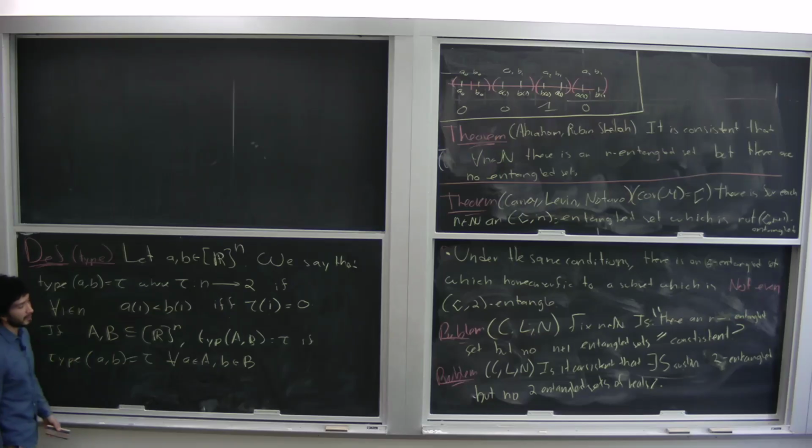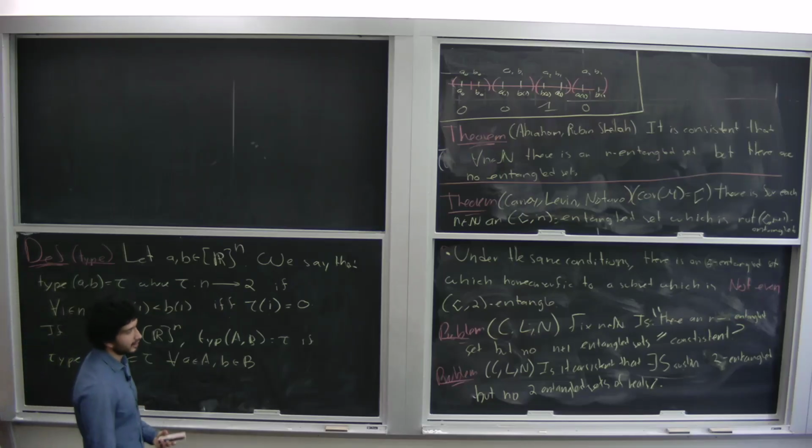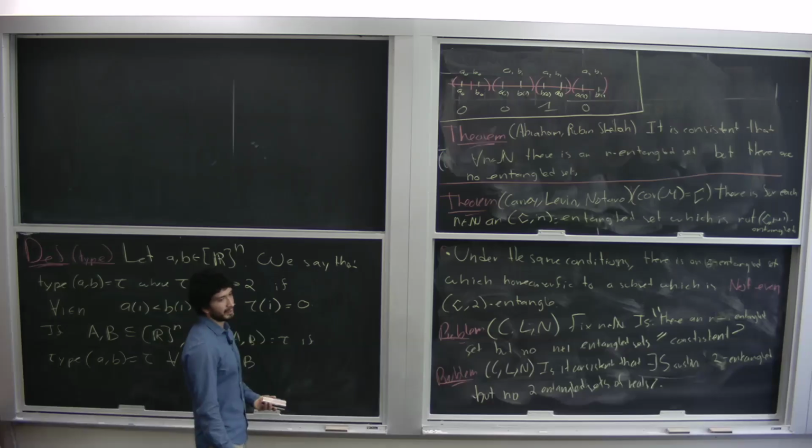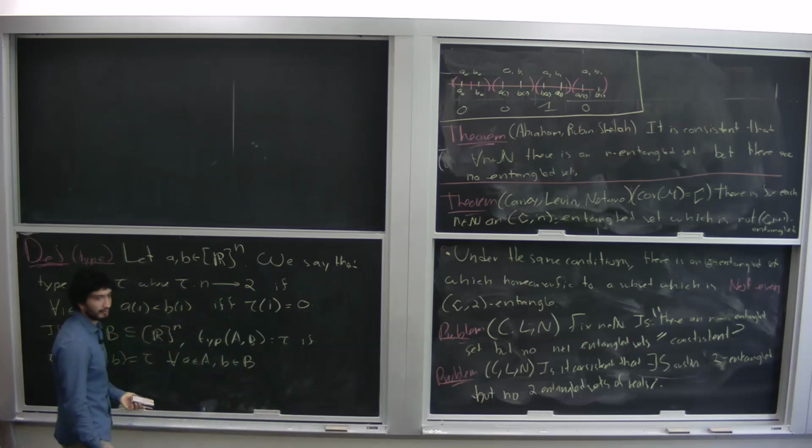It would be natural to use that proper forcing, the one from OCA, in order to kill the n+1 entangledness of a set while preserving the n-entangledness of a set. Unfortunately, that proper forcing might destroy the n-entangledness of a set. So this makes the problem, if not very hard, at least not a completely trivial problem to deal with.